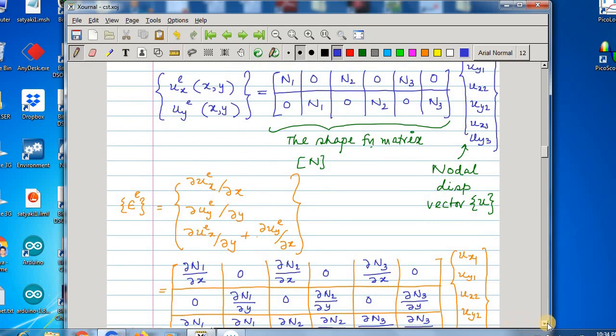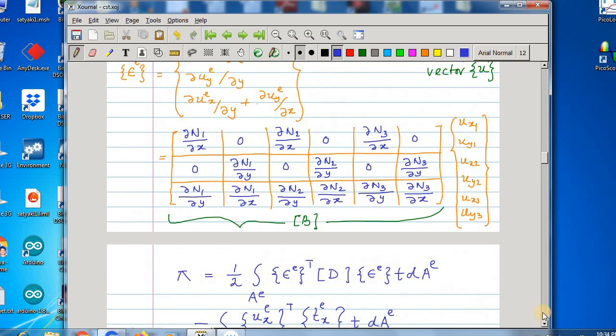So if uxe is N1 ux1 plus N2 ux2 plus N3 ux3, then del ux del x of uxe is dN1/dx ux1 plus dN2/dx ux2 plus dN3/dx ux3.